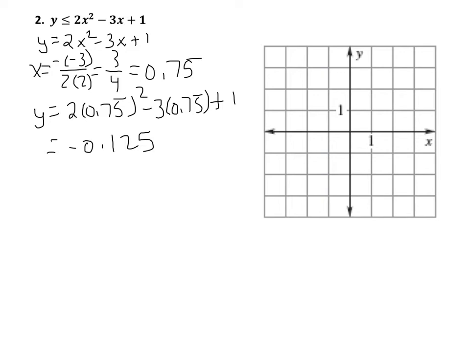So if we go to graph that, it'll be right here. And a is positive, so it opens up, and it's a solid line because it's the or equal to.